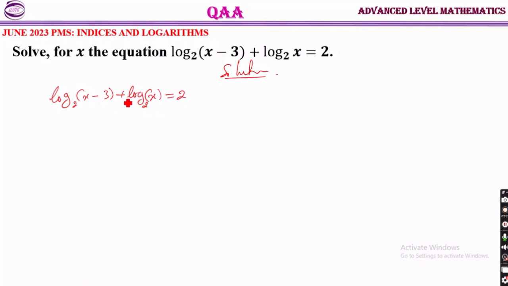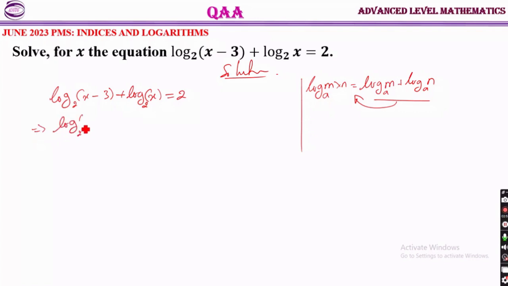Now, based on the multiplication law of logarithms, which says if we have log to the base a of m times n, we get log to the base a of m plus log to the base a of n, we can move back from here to this other side. In the case of our question, this implies log to the base 2 of (x minus 3) times x should be equal to 2.